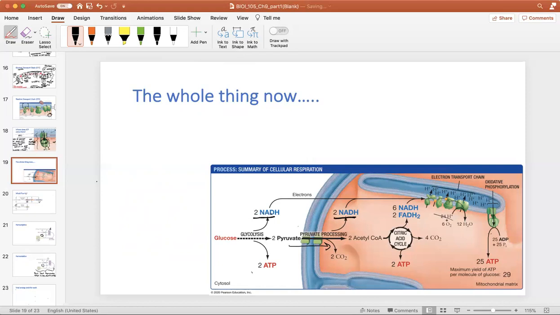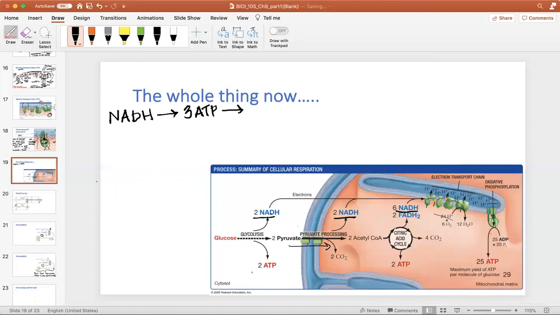We have 2 NADH that we got from pyruvate oxidation, and we have 6 NADH that we got from the citric acid cycle. And if we use these in the electron transport chain, it turns out that for every NADH molecule that we put into the electron transport chain, you can make 3 ATP.